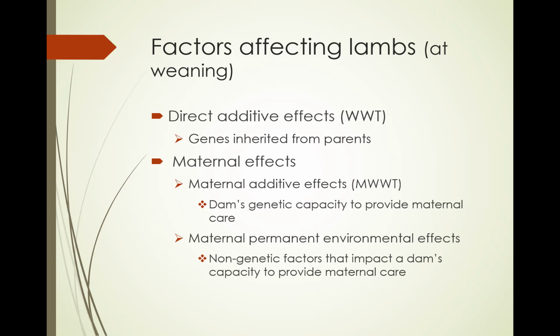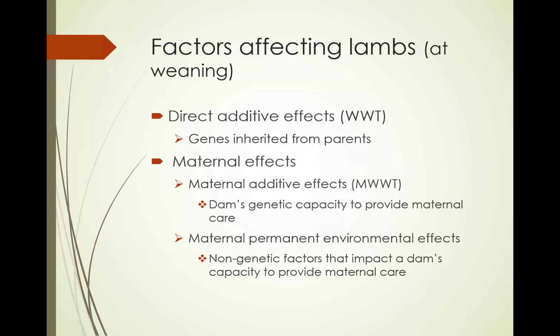Examples of that: if a ewe succumbs to mastitis early in life and loses a part of her mammary gland, part of her ability to produce milk, that's not genetic. That certainly isn't the lamb's fault. It's not inherited, that limitation, but it certainly impacts what that mother can do in terms of providing a good maternal environment to her progeny.